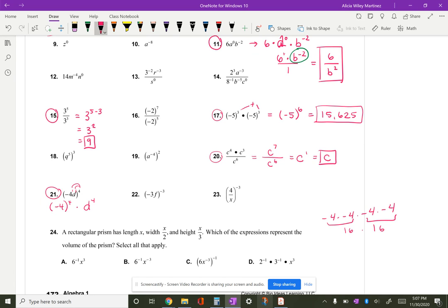That's how I like to think about it. If you don't know 16 times 16, you can punch that into the calculator and you get 256 d to the 4th power. There it is.